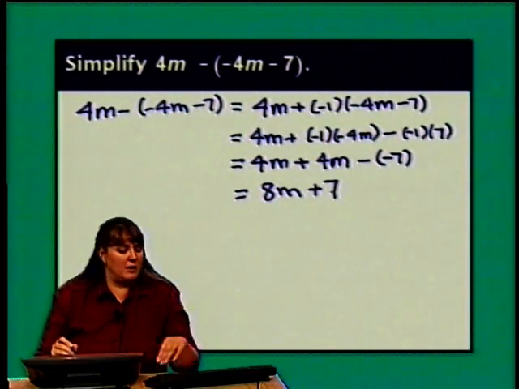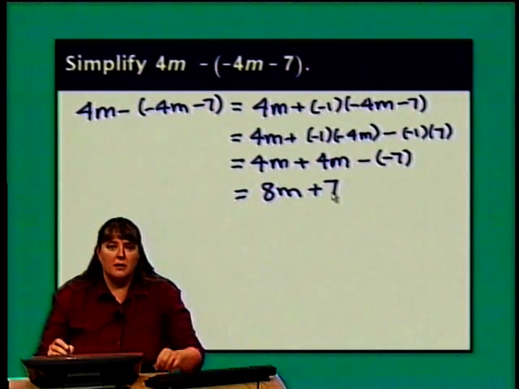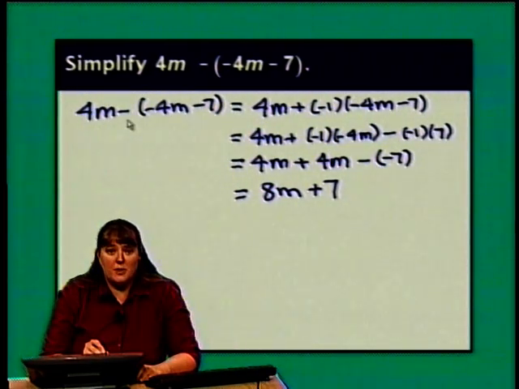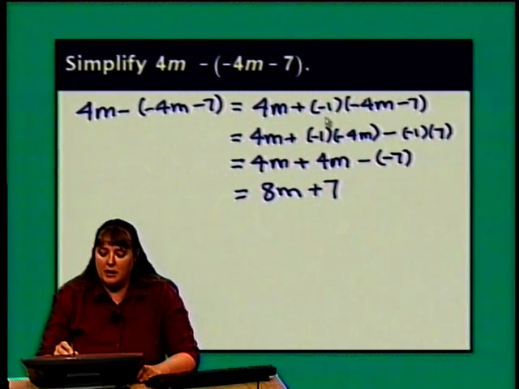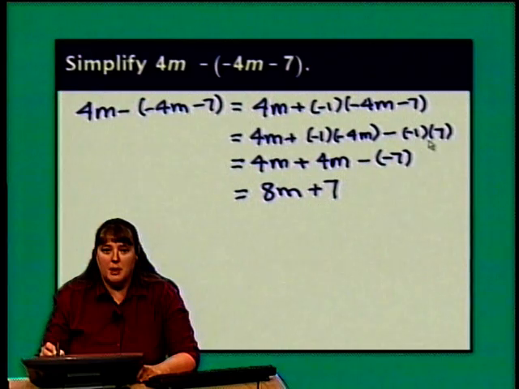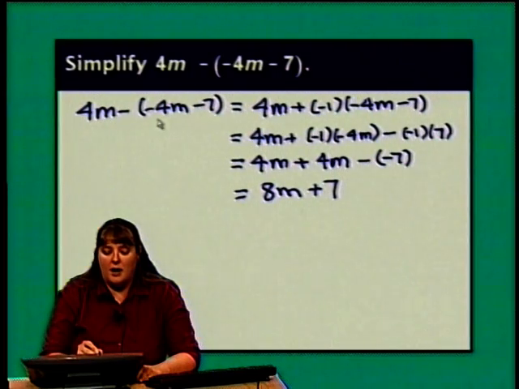Before I move on, I want to point something out here. I had the subtraction symbol in front of the parentheses in my original problem. Let's look to the point where I have distributed the negative through the parentheses. So I rewrote the problem, I applied the distributive property, and I got a positive 4m, which has opposite sign.